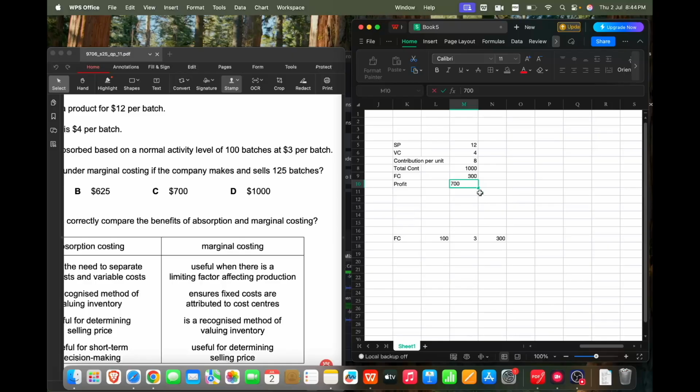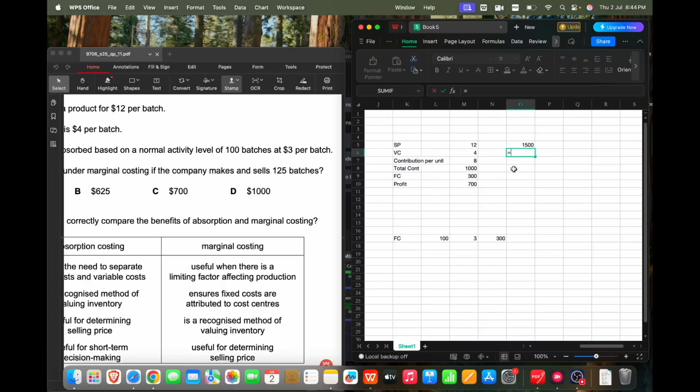Now you can also do something like this. We can also find out total selling price and total variable cost, and directly skip the contribution per unit part and calculate total contribution directly. If I do that, then 12 is the selling price per unit per batch, and we are making 125 batches, so total sales is 1500.